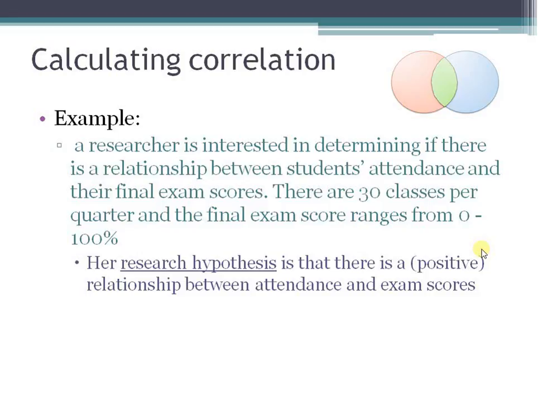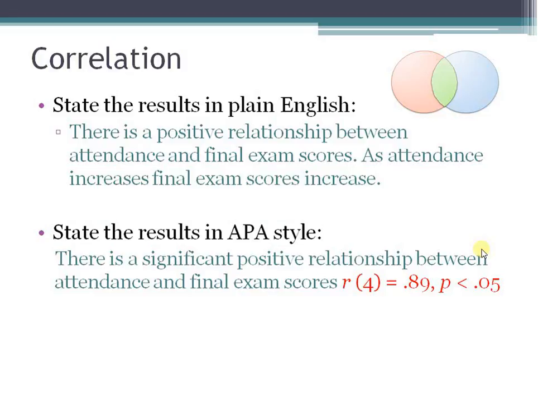And the researcher has a research hypothesis that there's a positive relationship between attendance and exam scores. And let's say we do that study and we find a significant positive correlation, right? There's a significant positive relationship between attendance and exam scores. As attendance goes up, exam scores go up, right?